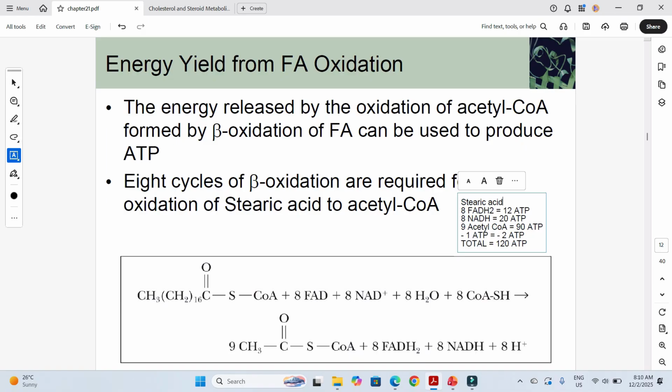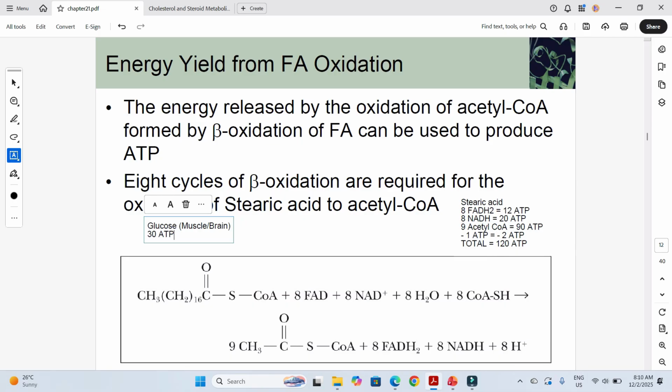If you have glucose, say in muscle or brain, this is actually going to give rise to a total of 30 ATP, right? So if you're going to compare that, one stearic acid, 120, compared to glucose in the muscle or brain, 30, that's 120 over 30, that's 4 times greater.